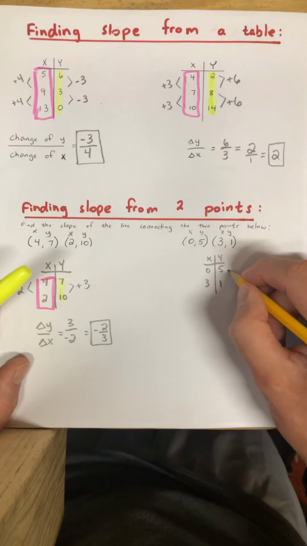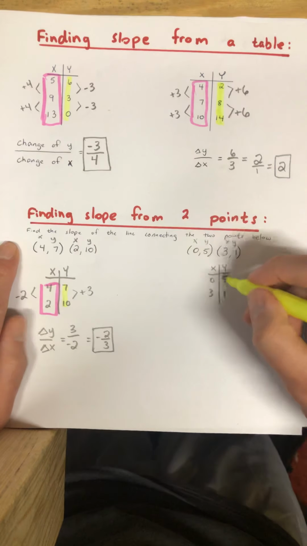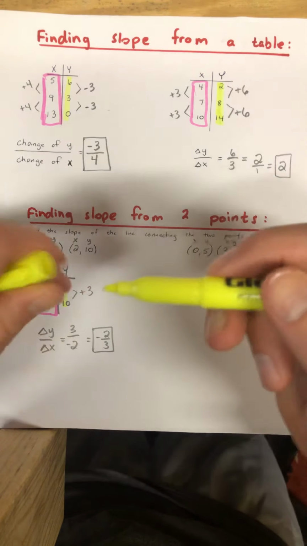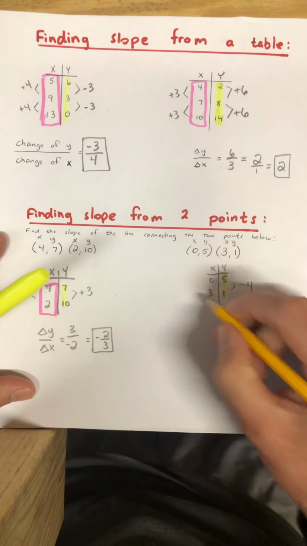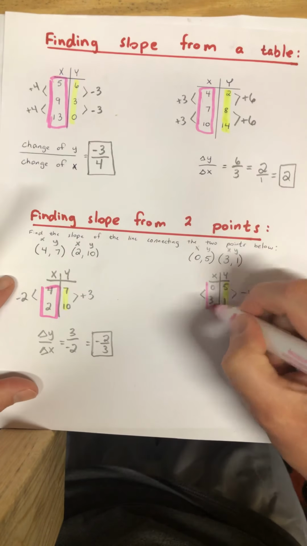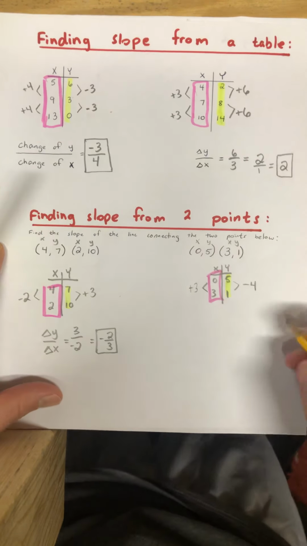So, change of y, we look at the right hand side of our table here. 5 to 1, we are decreasing by 4. On the x side, we are going from 0 to 3. So that is plus 3.